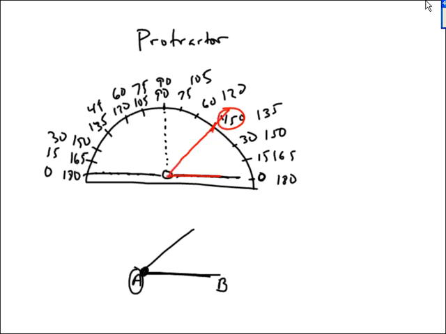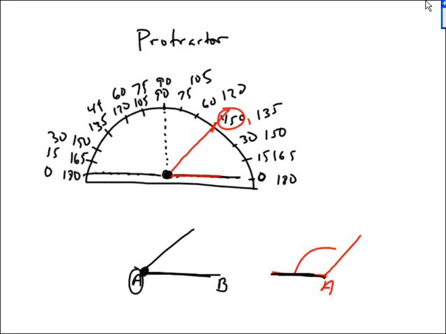Now, why is there also 135? 45 or 135? And the reason is straightforward. If you have an angle like this angle right here, and this is A, well, you put A right on that circle. But this time, the side goes to the left.